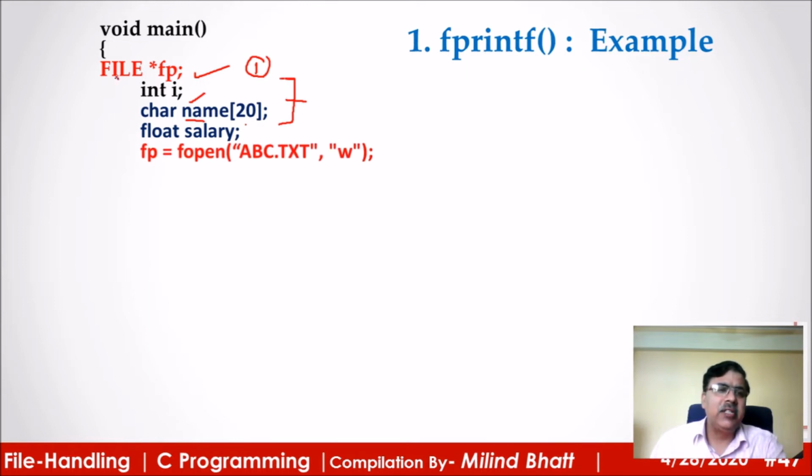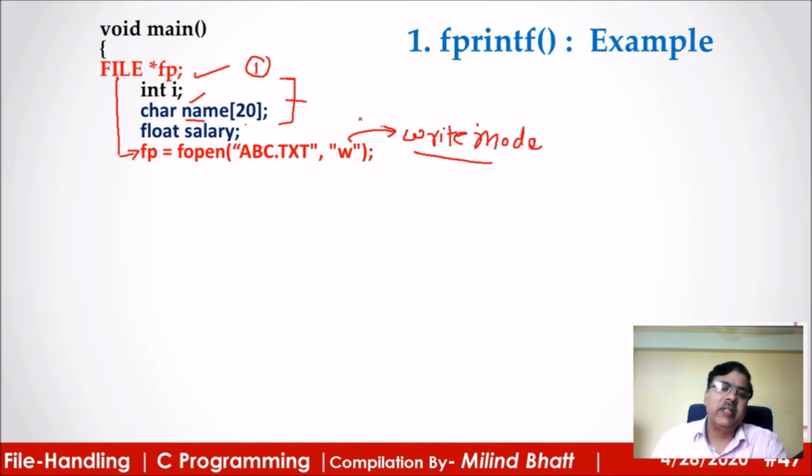Then I check whether fp is workable with some file or not. So fp is equal to fopen abc.txt, and see what I have done: this is write mode.